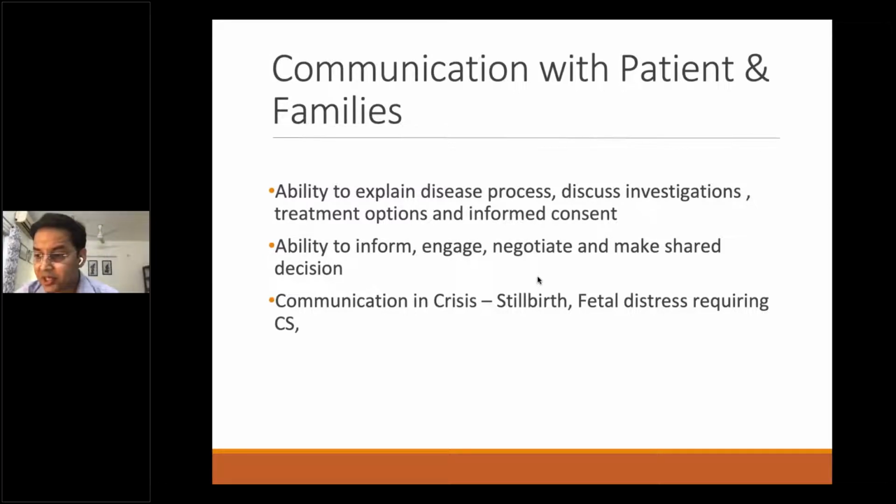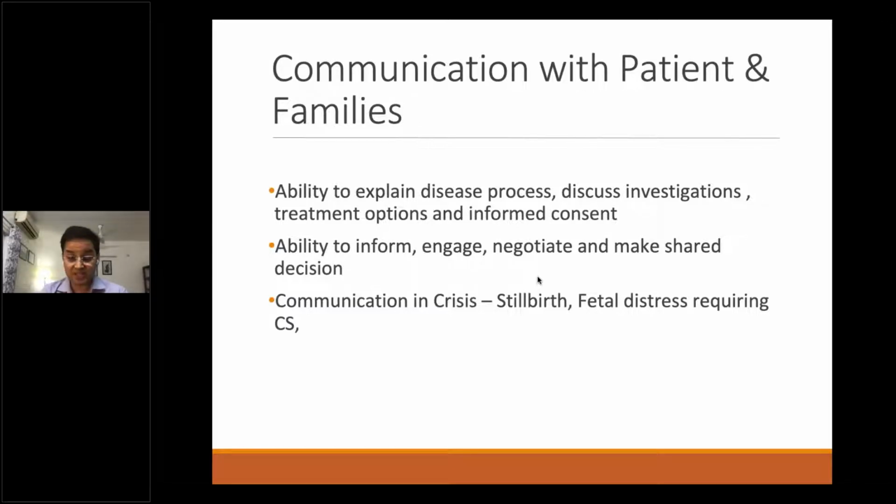Now coming to communication with patients and families. As obstetricians, we have to communicate with patients, and from time to time with their families. It's a very fundamental skill for all doctors in clinical practice. We need to explain to the patient what they're suffering from, in patient-friendly language.